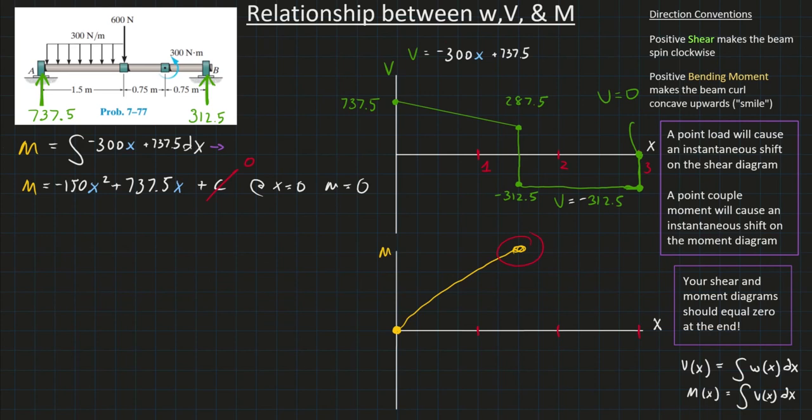So again, to figure out this point, all I got to do is plug in 1.5 in for my x, and we'll see what comes out for m. And again, really easy with the graphing calculator, because I have a TI-84, I can just hit trace, 1.5, and I have a 768.75 coming out.